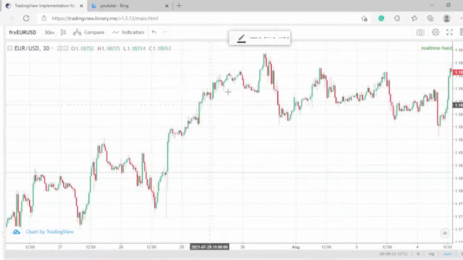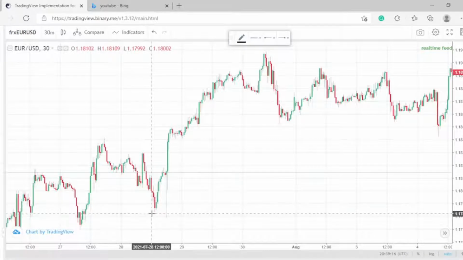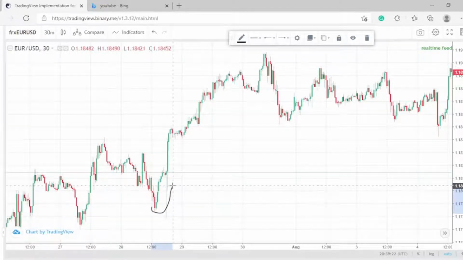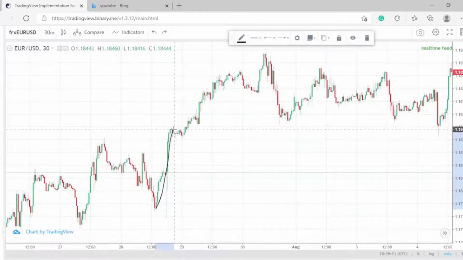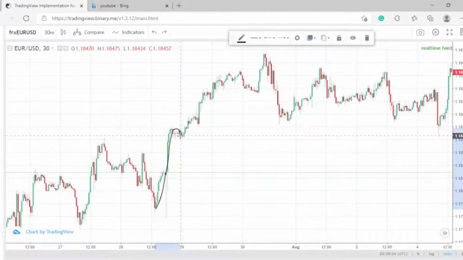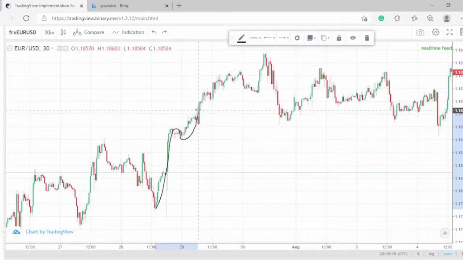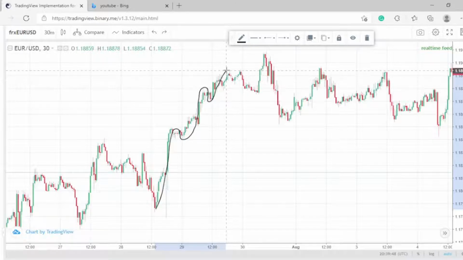So what I just showed you now is an uptrend. Let me rather do this. You can see that the market pushed to the upside, creating a higher point and a low point, and pushed to the upside, creating a higher point and a low point. Push to the upside, creating a higher point and a low point.